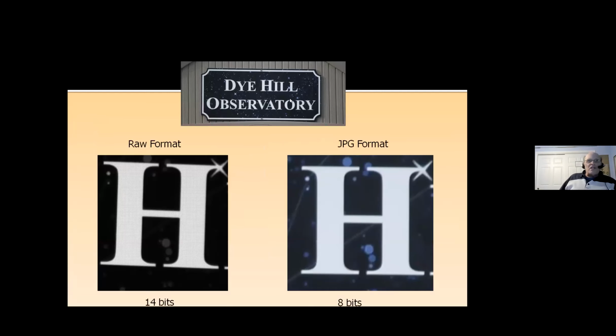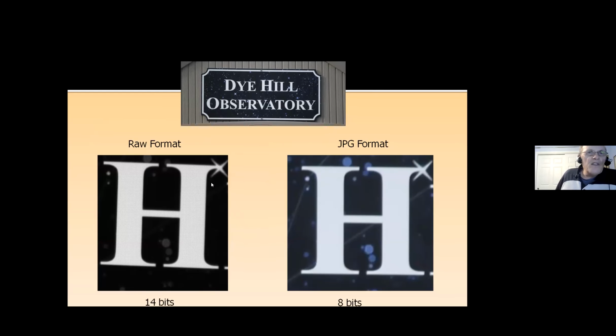Now, in the very first slide, I had this plaque, Dye Hill Observatory, and I took two pictures of it, one in the RAW format and the other in the JPEG format. If you look at the RAW format, it's quite different.